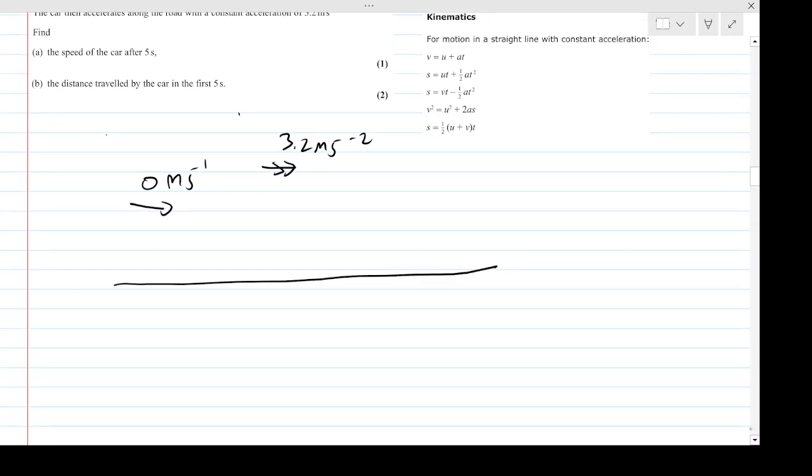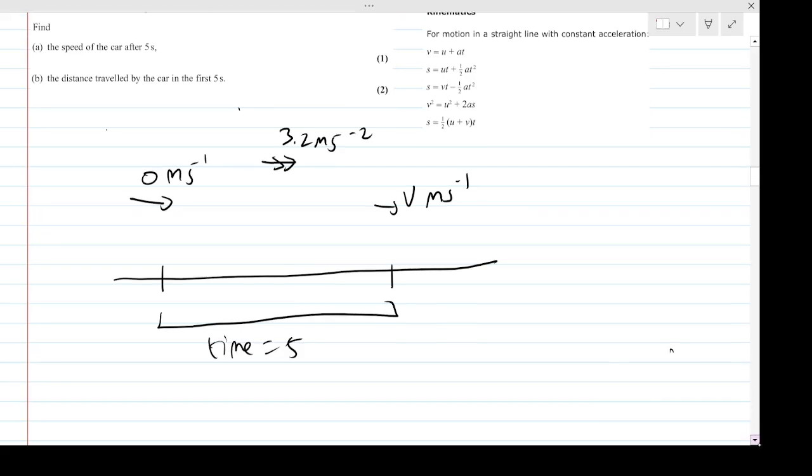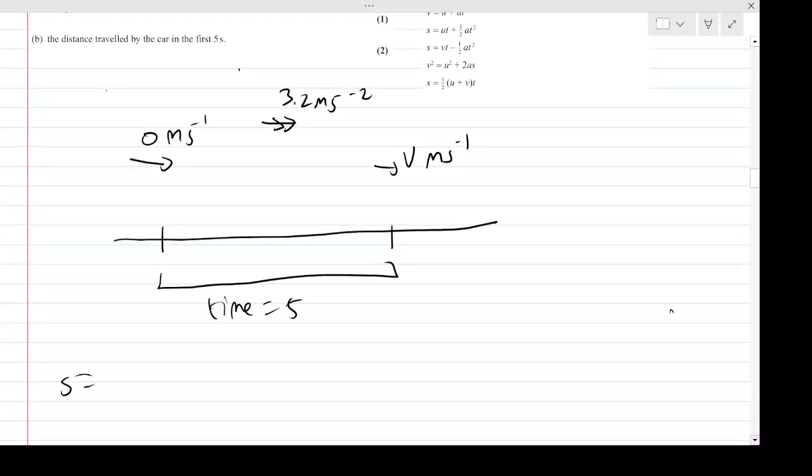Let's say we start here and end at this point, it has a final speed of v, let's say. The time we're given is 5 seconds. So very simply, if we list our SUVAT: S, we don't care about the distance here. U, we start with 0. V is what we want to work out.